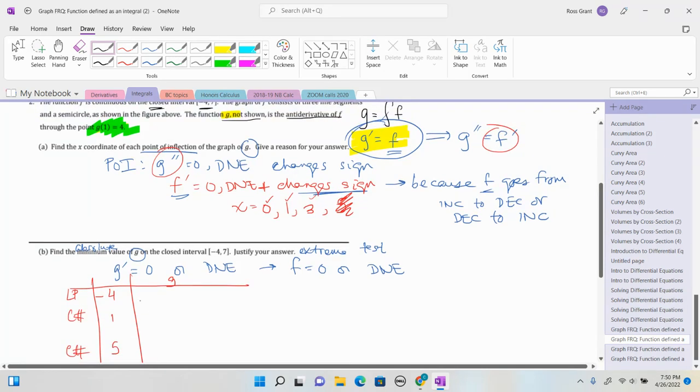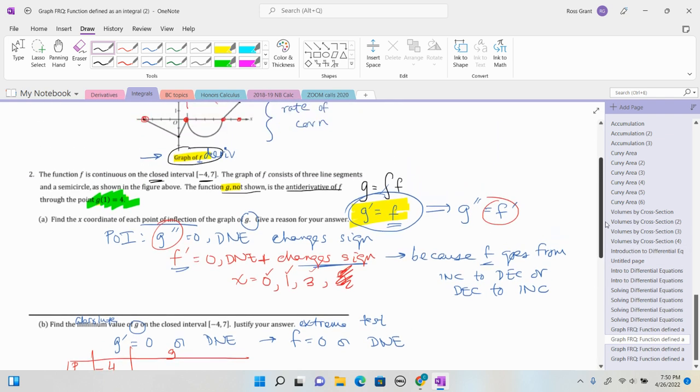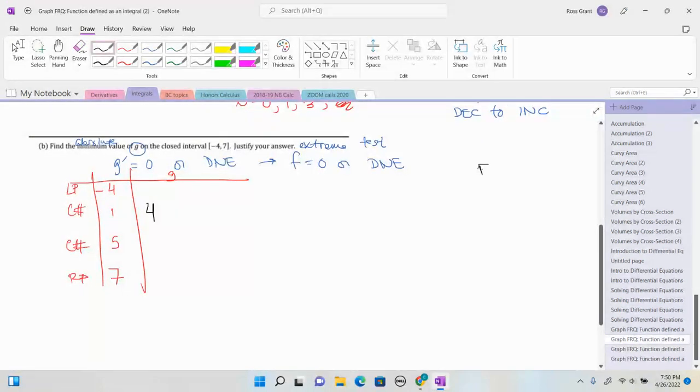So this means we're going to have to use the fundamental theorem of calculus. Okay, g of 1 is 4. So all I know right now is that my mystery function at 1 has a value of 4. So like at 1 second, there's 4 cubic liters of corn or something like that. So how many cubic liters of corn would there be at 5 seconds right here? So in order to do that, we're going to do the fundamental theorem of calculus. And let's just write that down so we know what on earth is going on here.